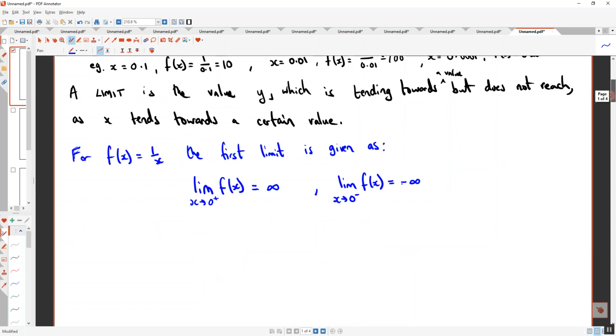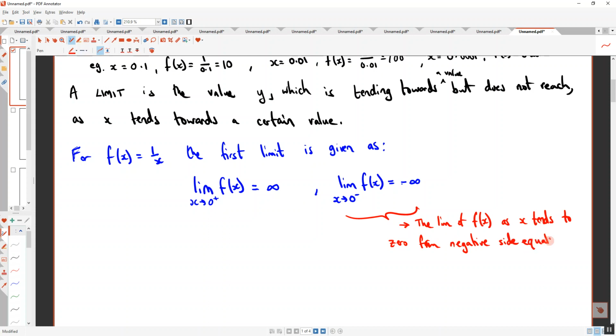Is it worth writing that down? Yes. So the limit of f of x as x tends to 0 from the negative side equals negative infinity.